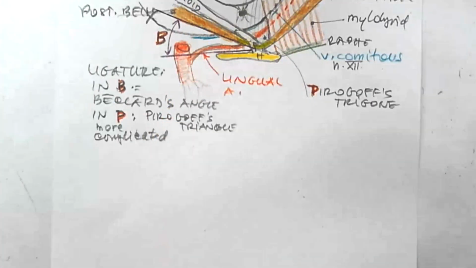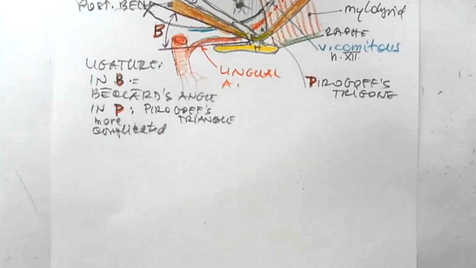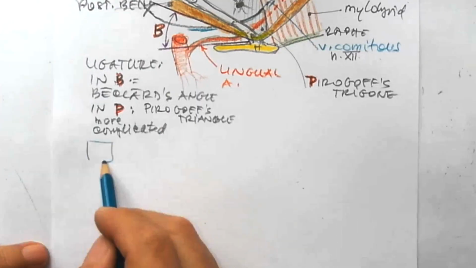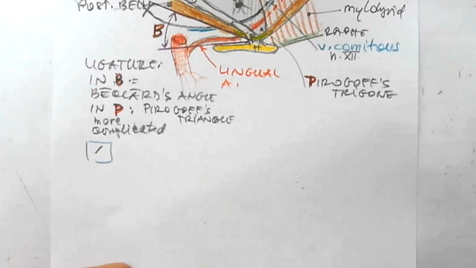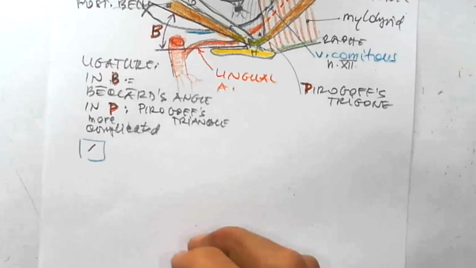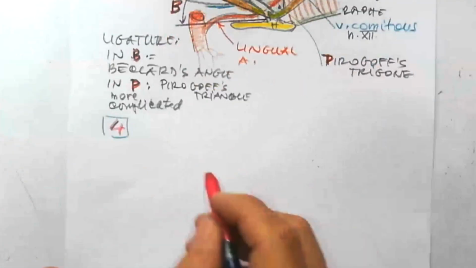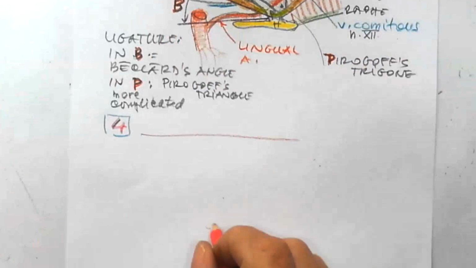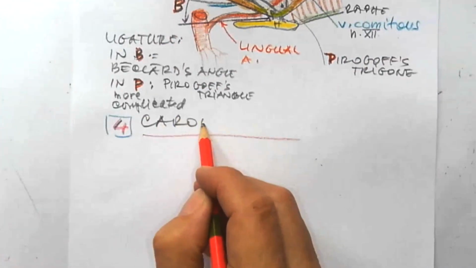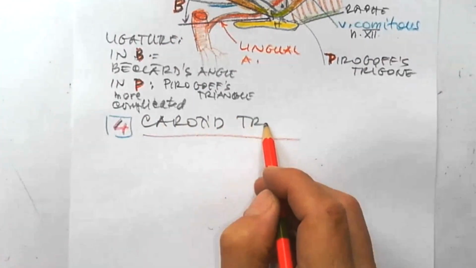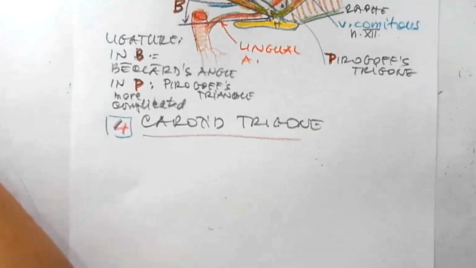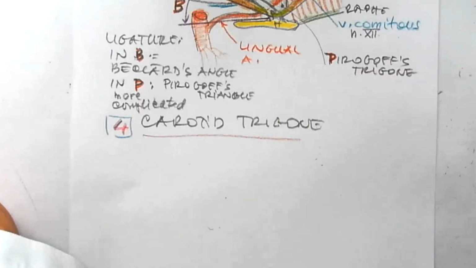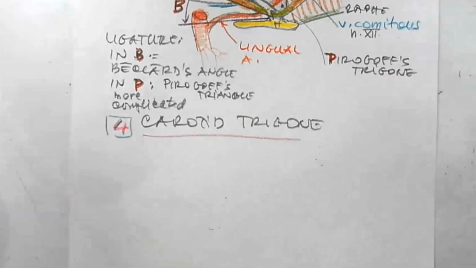Good. So we know everything which was clarified. Number 4 is the carotid trigon. Using red, carotid triangle. The carotid trigon contains many structures.